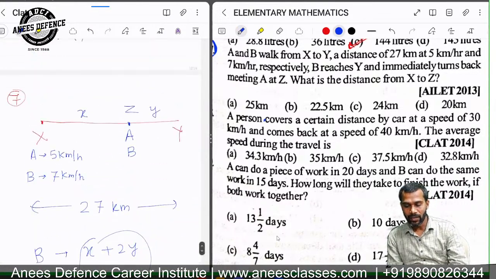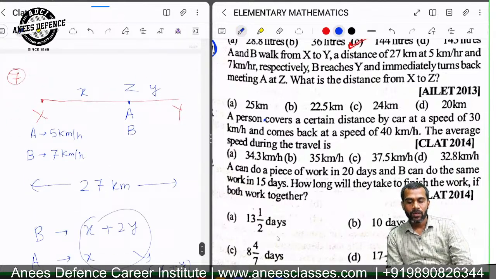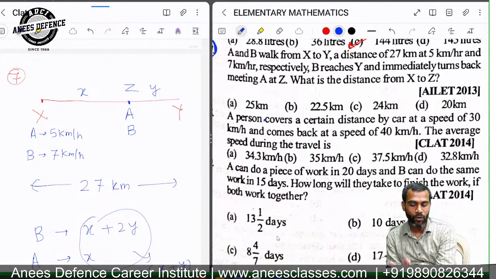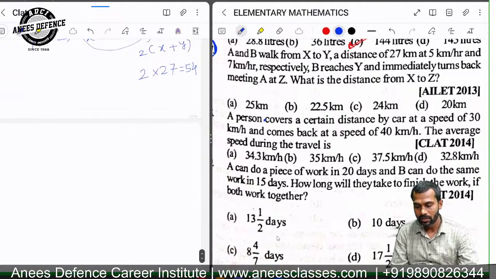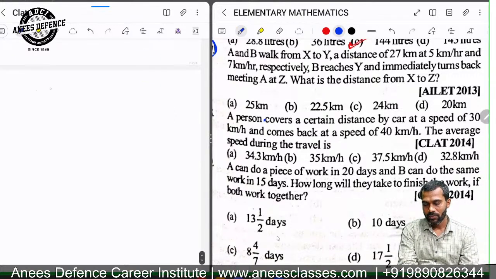So let us assume the distance covered by A is x. So what is the distance from Z to Y? That is 27 minus x. So total distance, tell me. 54 kilometers. Yes or no?